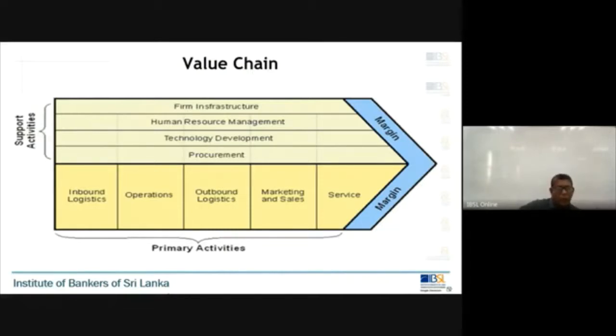And we look at how our supportive activities can be strengthened and thereby how we can support the primary activity, right? So the primary activities and the supportive activities facilitate the value chain. What through the value chain do we try to do? We take individual activities and see how we can improve all these activities.